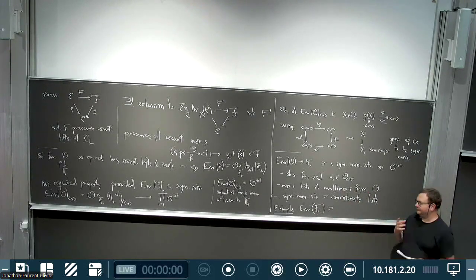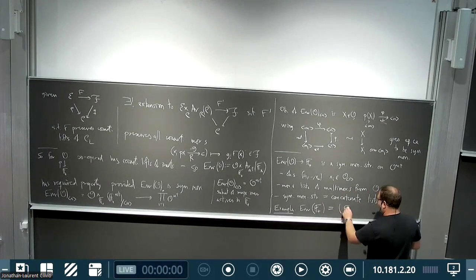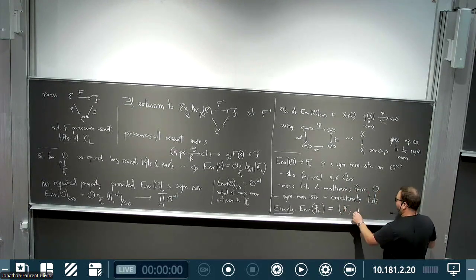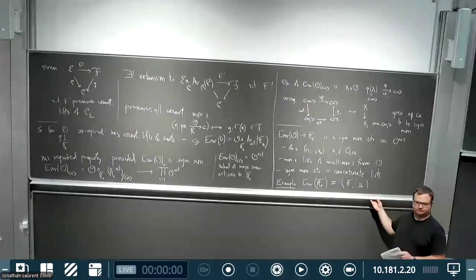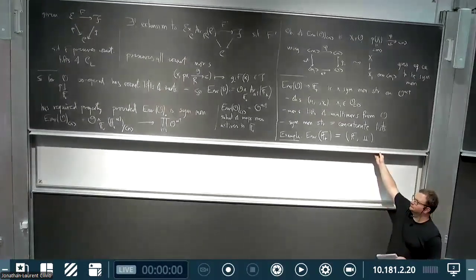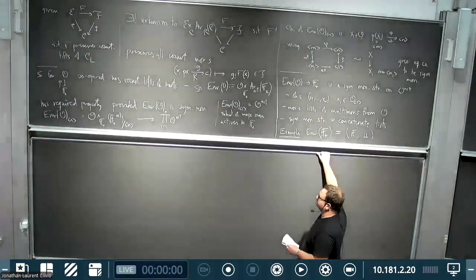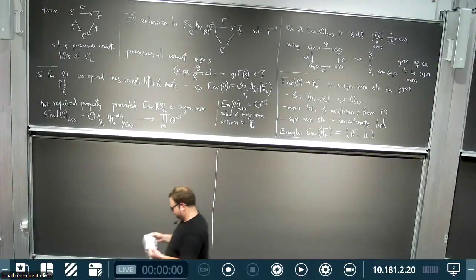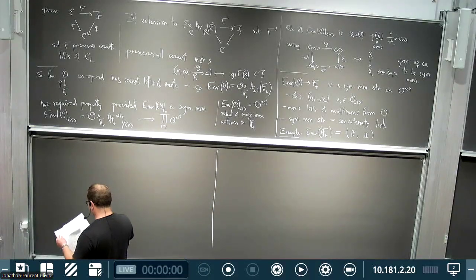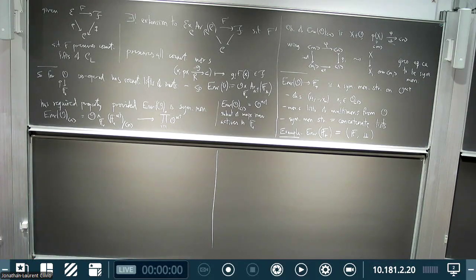So we have a symmetric monoidal structure on finite sets given by concatenation, and this is just a union of finite sets. Okay, so we have this adjunction.